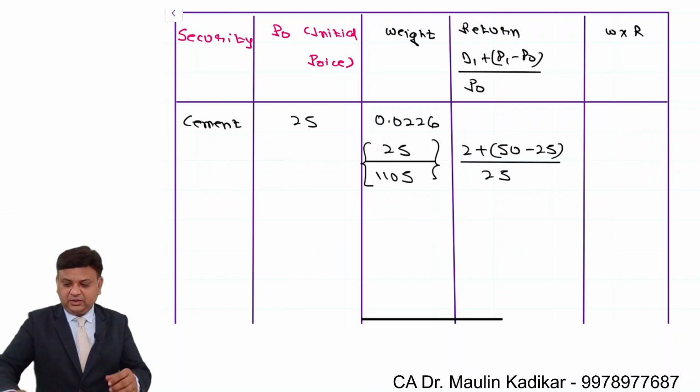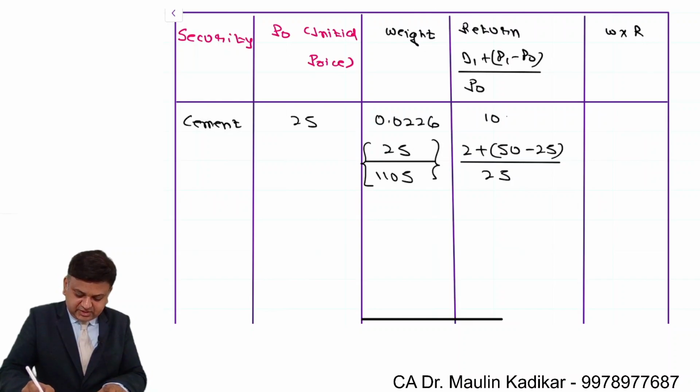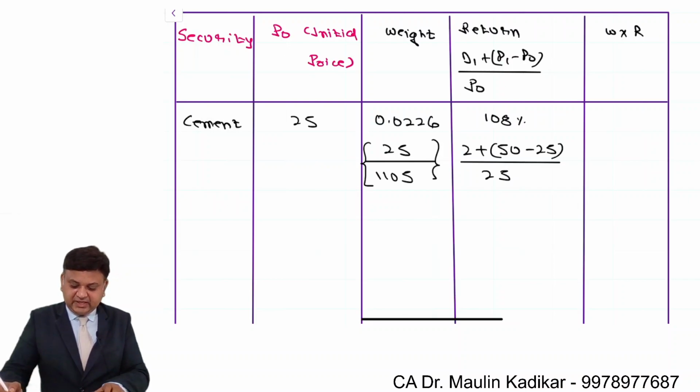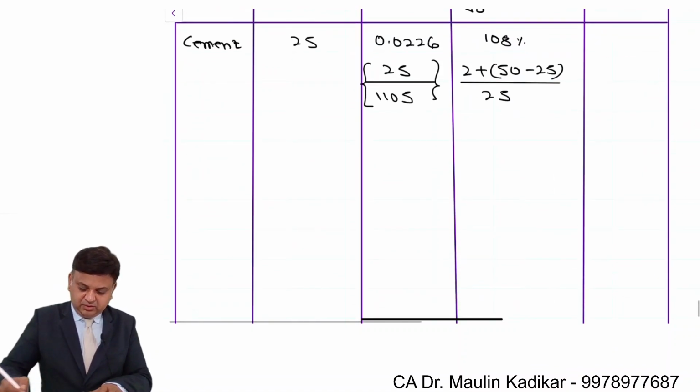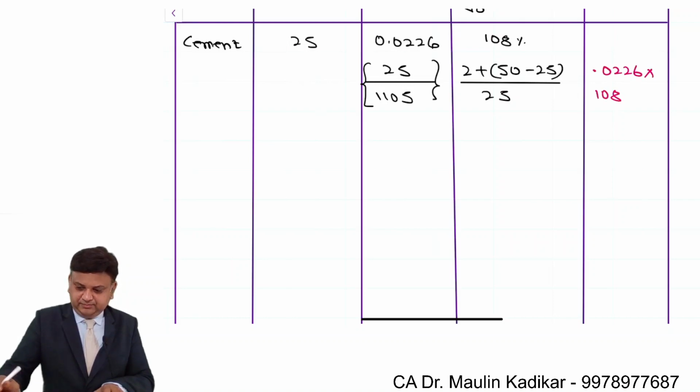So use a calculator. 50 minus 25 is 25 plus 2, that is 27 upon 25. That comes to 1.08 into 100. So it is 108 percentage. This is a return. The last column is weight into return. So what will happen, dear students? 0.0226 into 108.